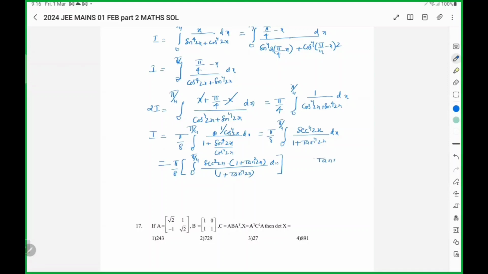Taking tan 2x as t, secant square 2x into 2 dx is dt. So pi by 8: when x is 0, t is 0; when x is pi by 4, t is infinity. Secant square 2x dx is dt by 2.